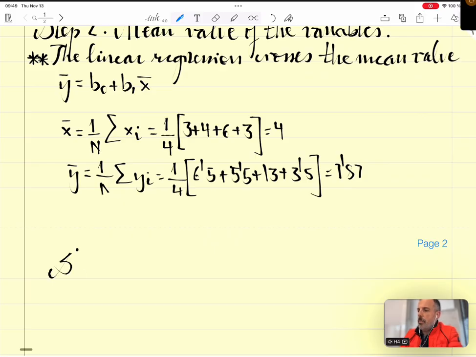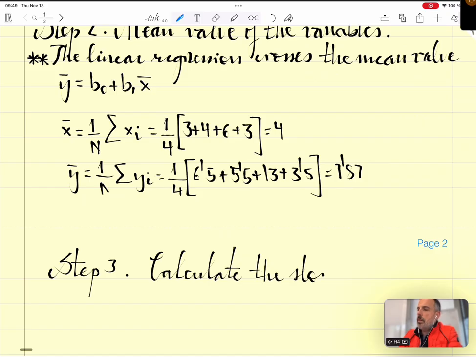Step 3, we calculate the slope of the line. So we calculate B1.